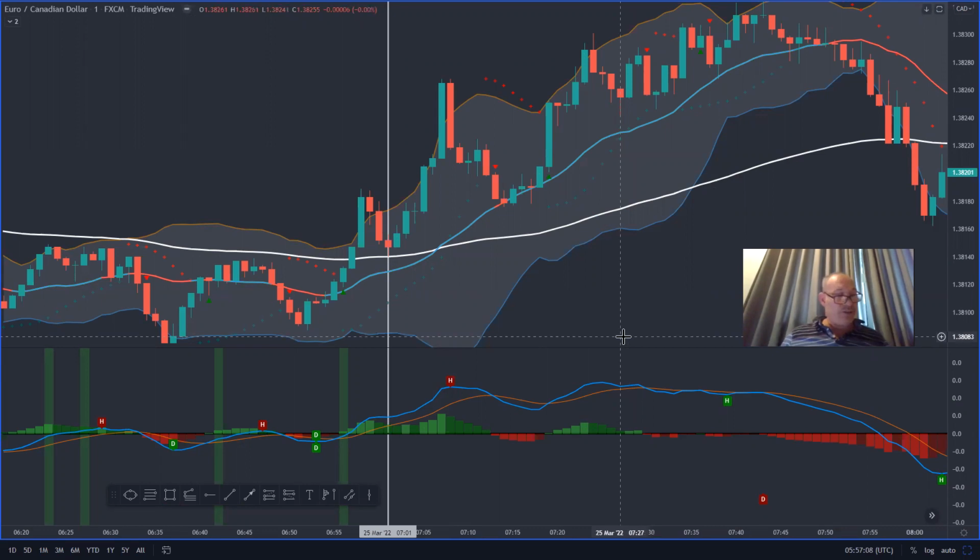So I'm going to set some basic rules for you. For it to be a buy, price must be above this white line, and also above this line here, and also above this center line, and this must also be green. So this is 7 o'clock, got that there.